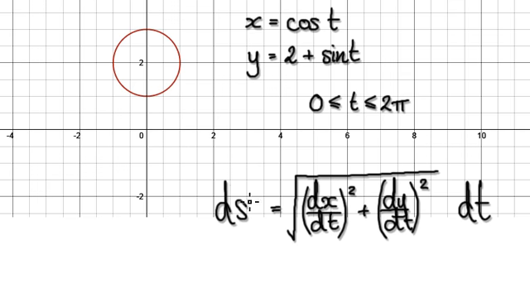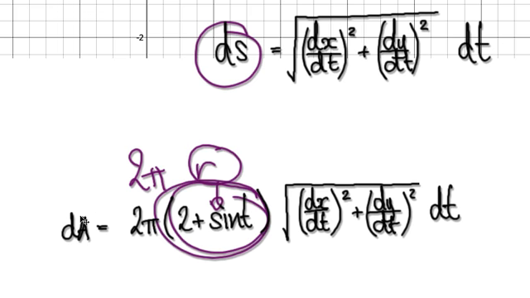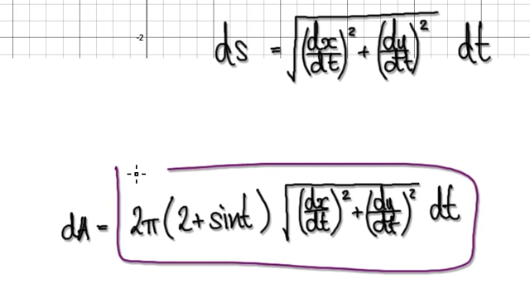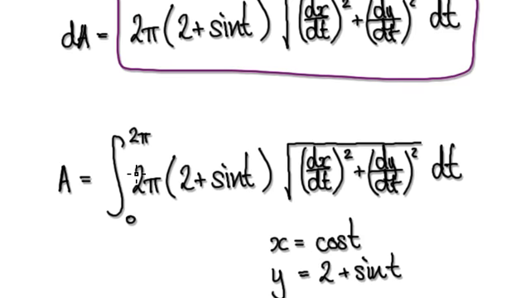So basically, a small change in the actual path, you times it with 2 pi r. This is your r here. The dA represents this, but then you will need to sum up all the dAs.